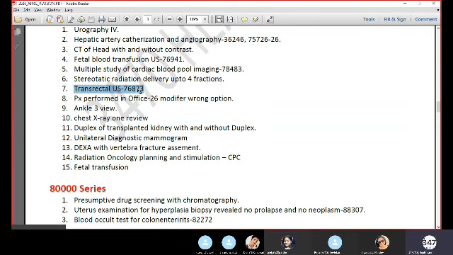Ultrasound for transrectal with prostate volume study for brachytherapy treatment planning. That is the full question. Ultrasound for transrectal with prostate volume study for brachytherapy treatment planning. What is the correct code?